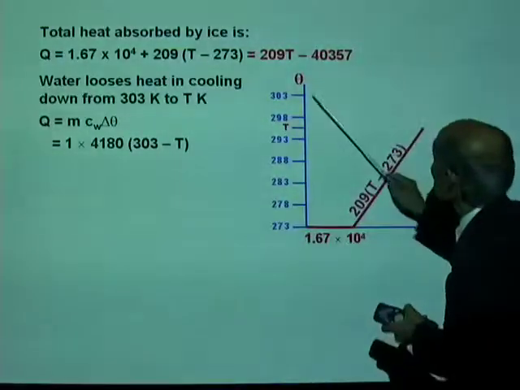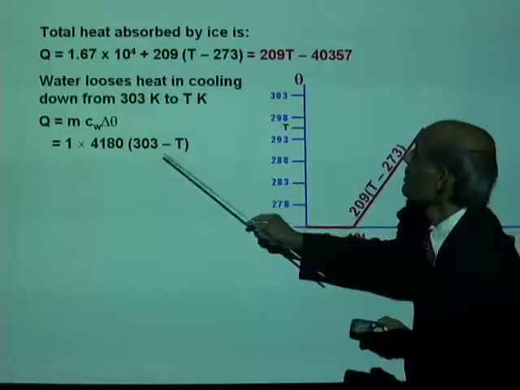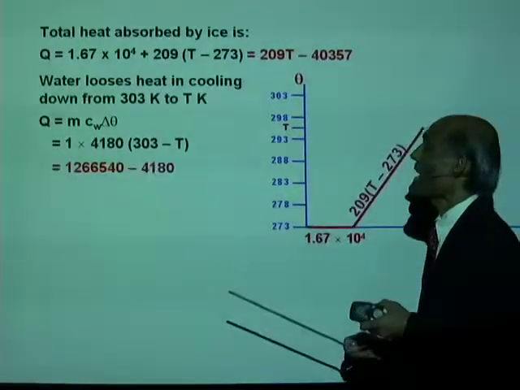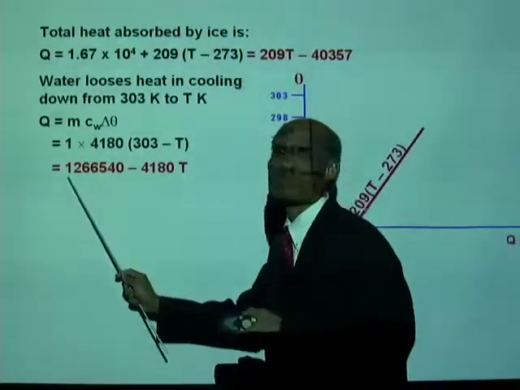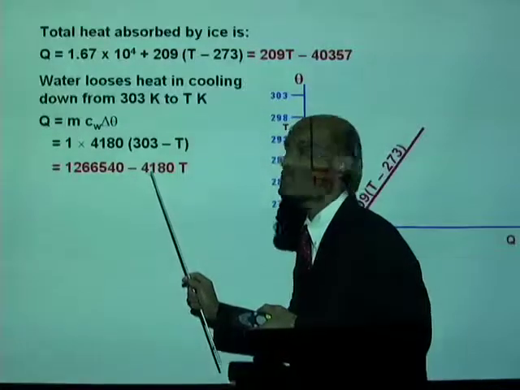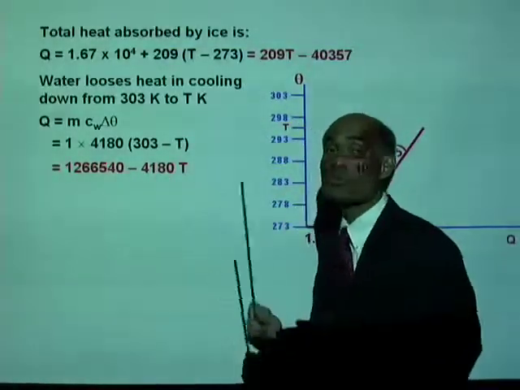The change in temperature is from 303 to T. So that will be 303 minus T. And I distributed that and I got this big number minus 4,180 T.